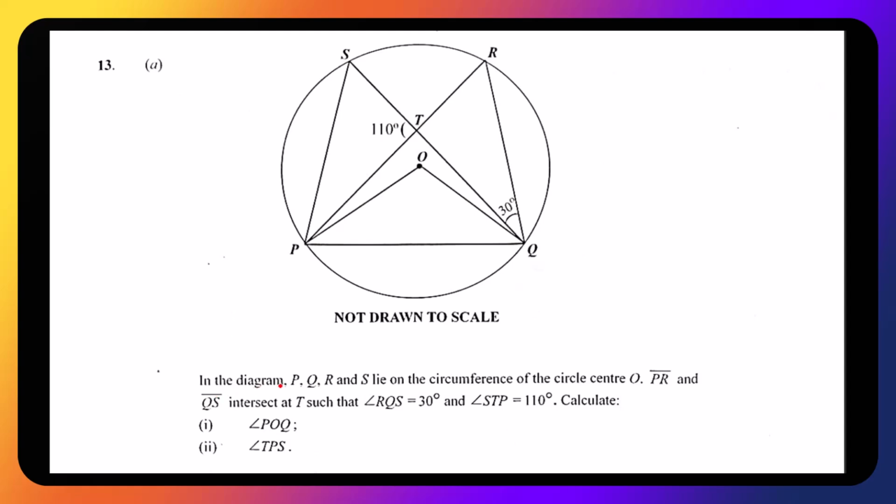In the diagram, P, Q, R, S and X lie on the circumference of the circle with center O. Lines PR and QS intersect at T such that angle RQX is 30 degrees and angle STP is 110 degrees. Calculate angle POQ.